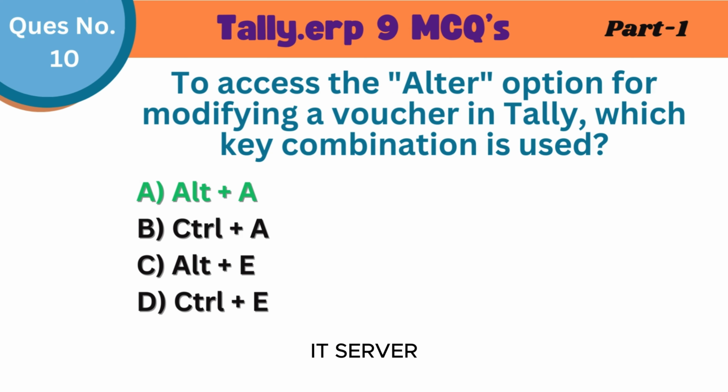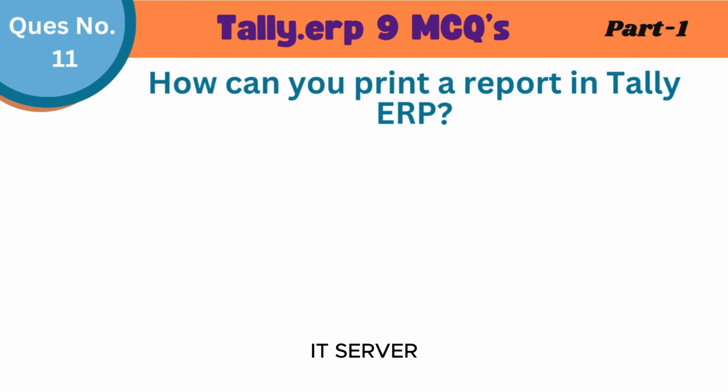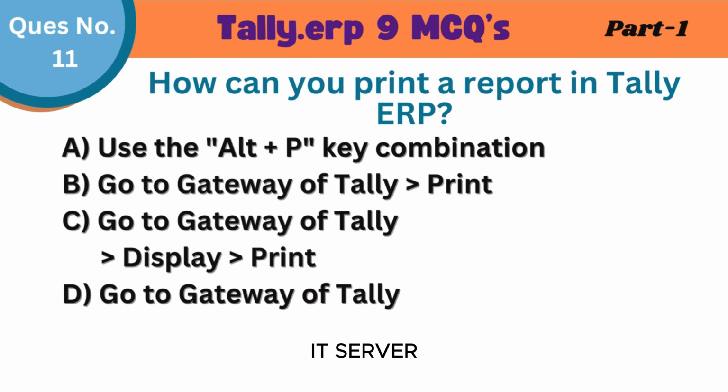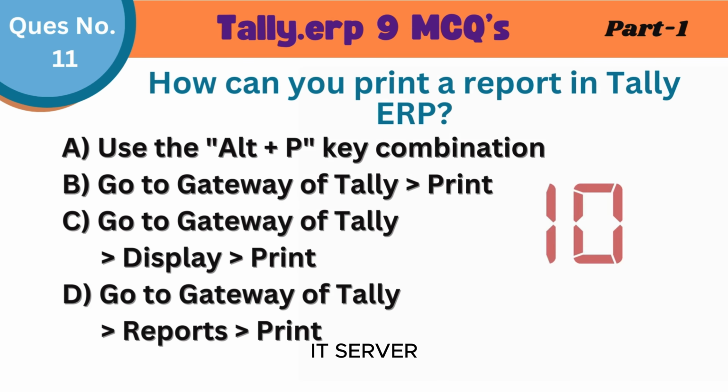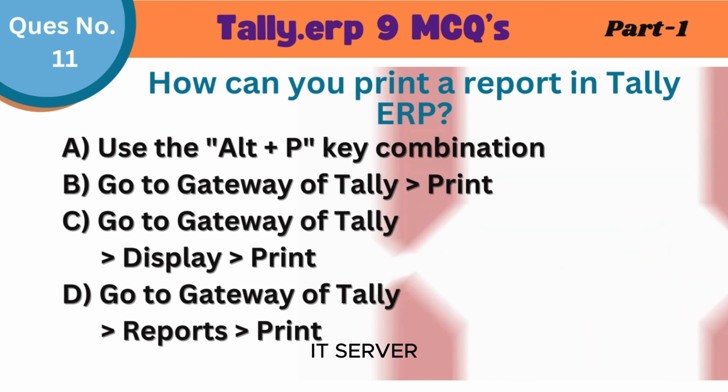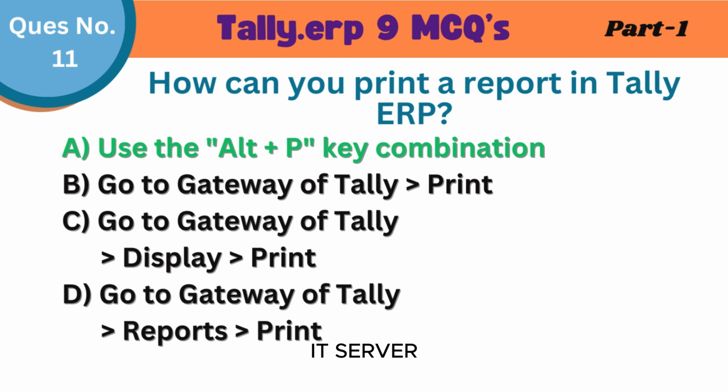Alt plus A. How can you print a report in Tally ERP? Use the Alt plus P key combination.